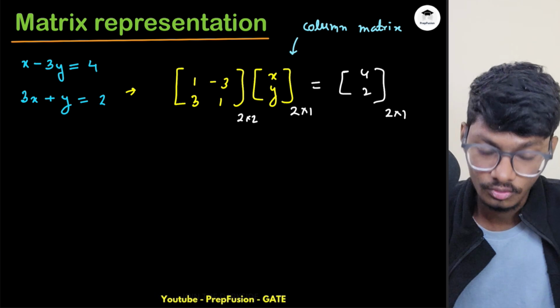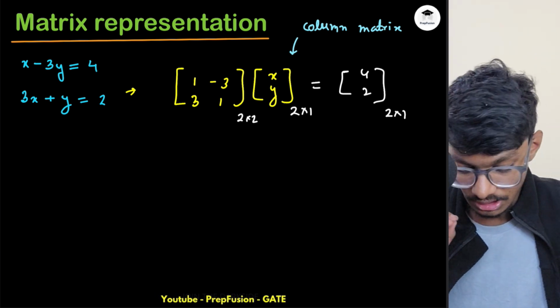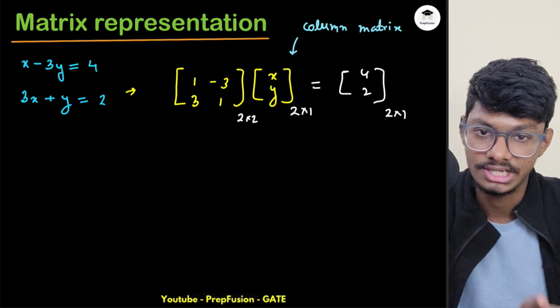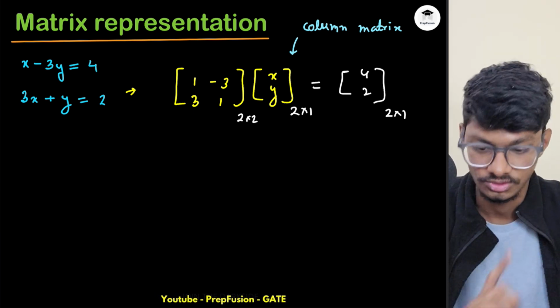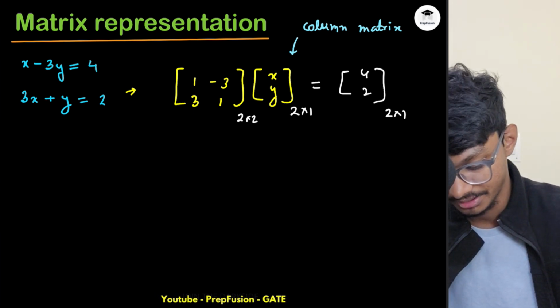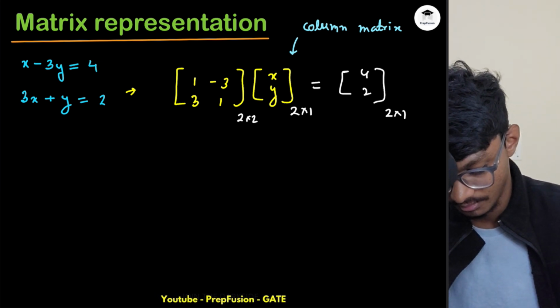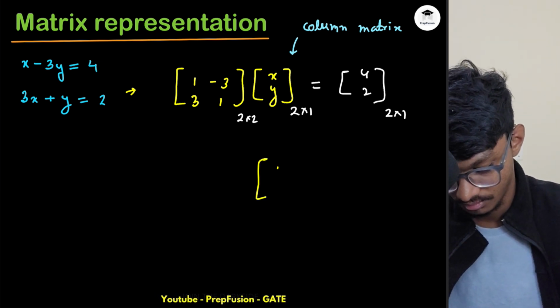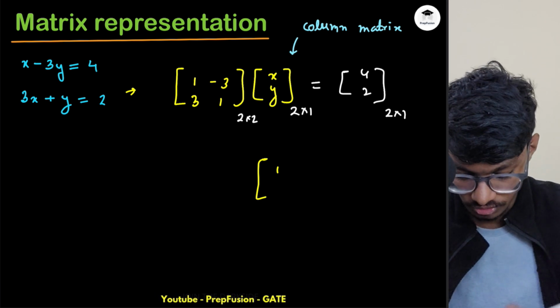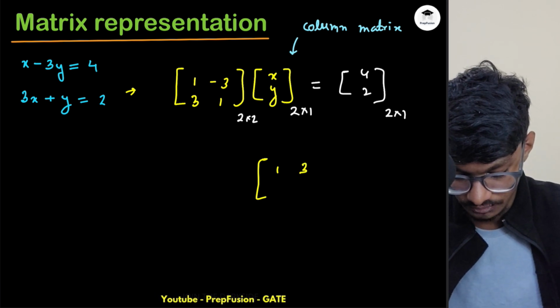Okay, so basically this is the column matrix. And how else can we represent it? We can represent it using the row matrix also. If you want to represent using the row matrix, this matrix will remain the same. X, no, this will also change. Okay, this will be transposed.